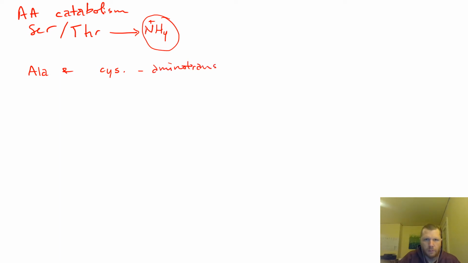Now, as they use amino transferases, what they are both going to do is they're going to make glutamate, whereas serine and threonine are not going to make glutamate. Now, essentially what you can do is you can look at what's taking place in a couple of different tissues.